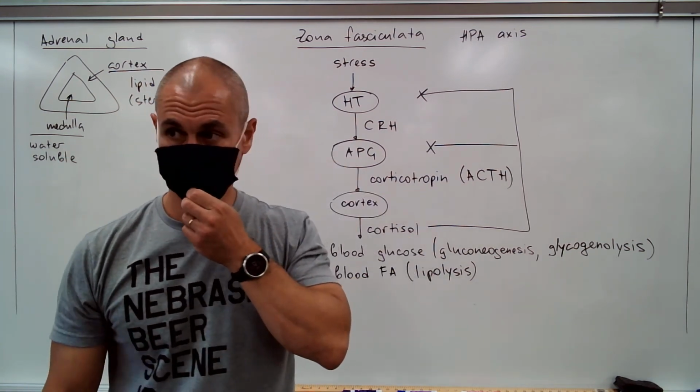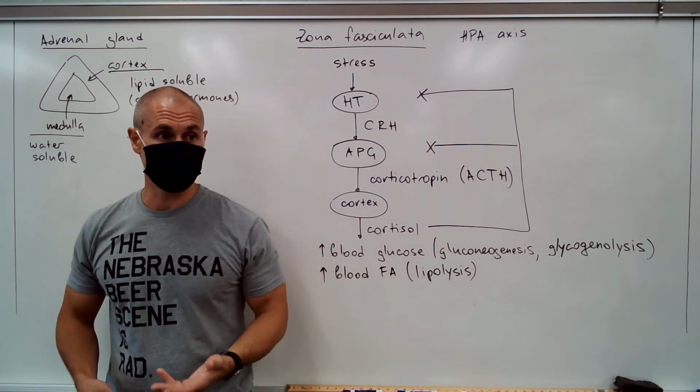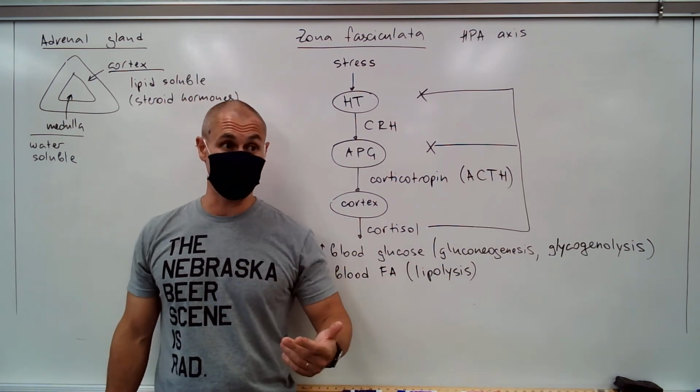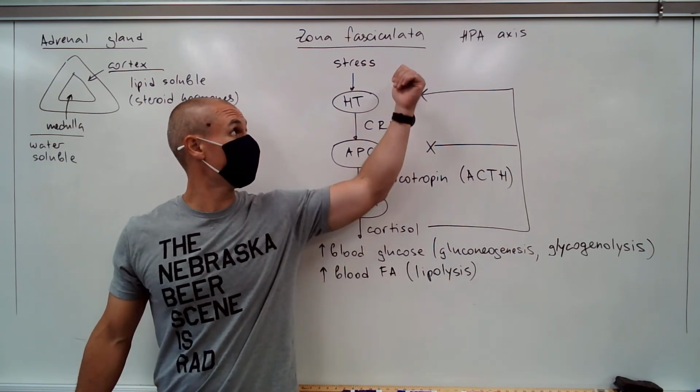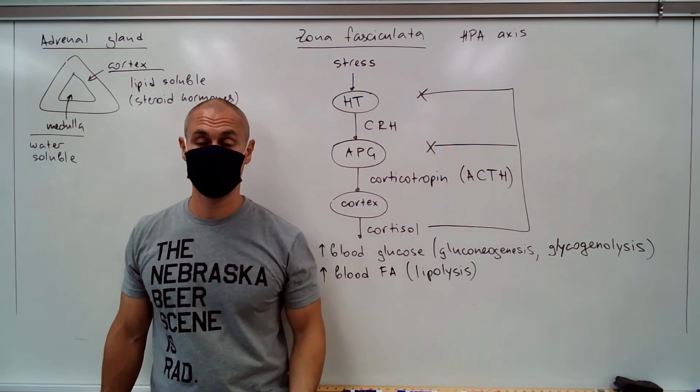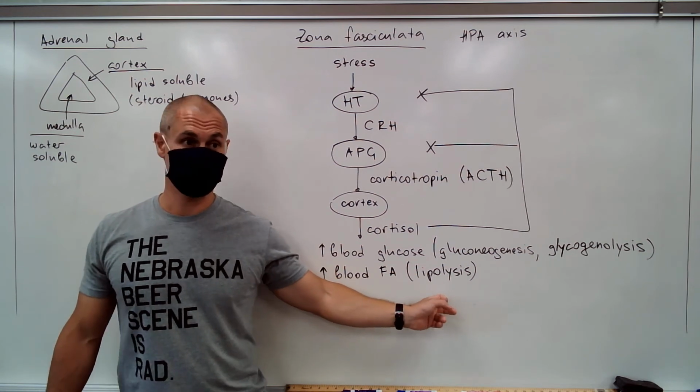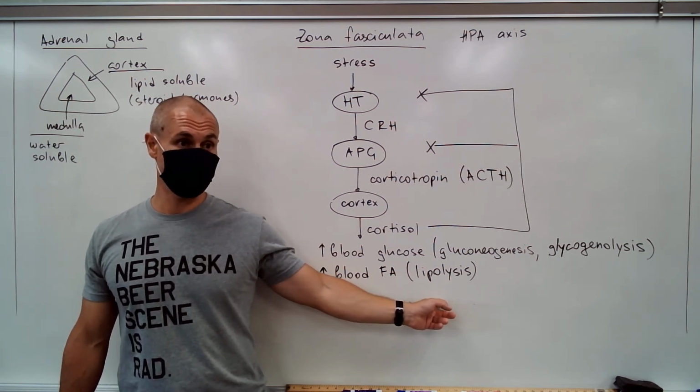Okay? That makes sense? I don't know if you've experienced that, but one of the effects of prolonged chronic stress, and we're talking about chronic stress, is weight loss. It's pretty well known.